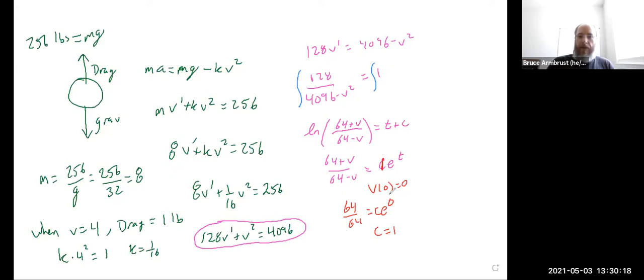So that's actually equal to 1 right there, which makes it a little bit easier actually to end up solving it for v. Okay, so that gets us our v, and then if we want a position, we're just going to integrate that thing.